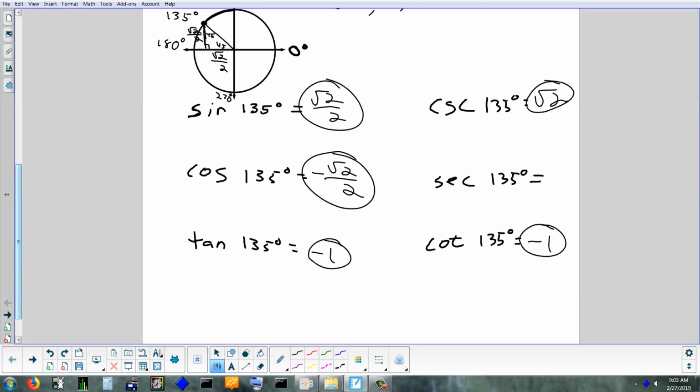And then what about my secant? Negative square root of 2. Yep. And that's the 6 trig functions for 135. Okay, any questions on that?